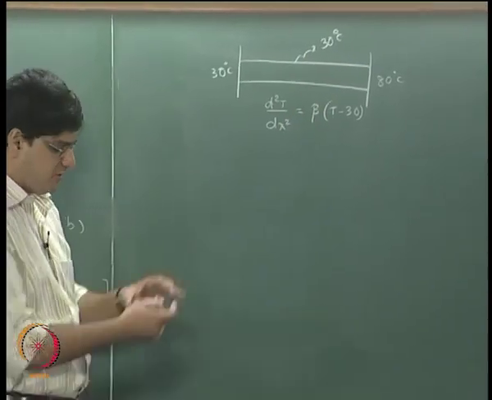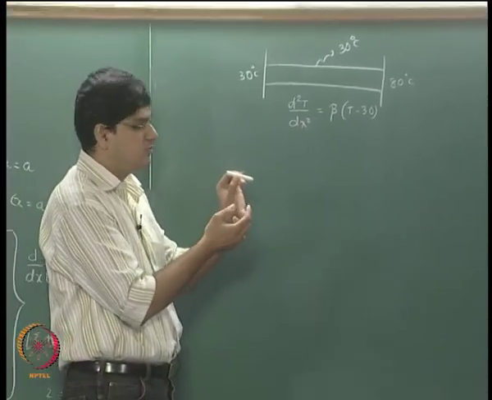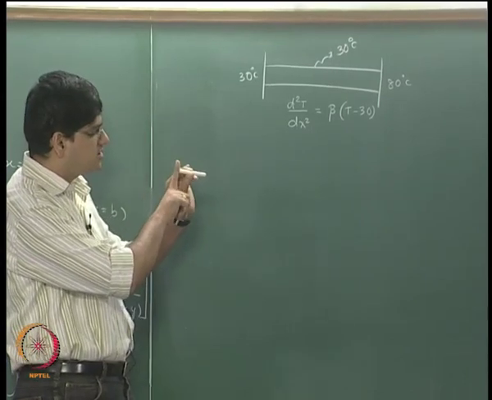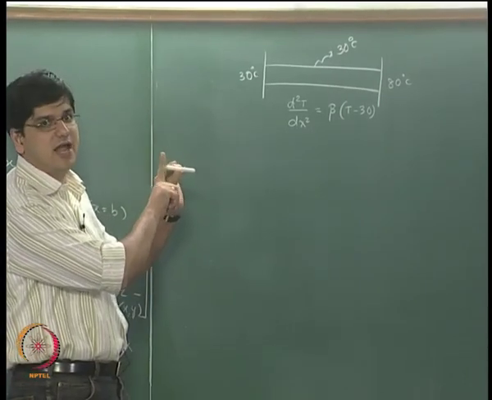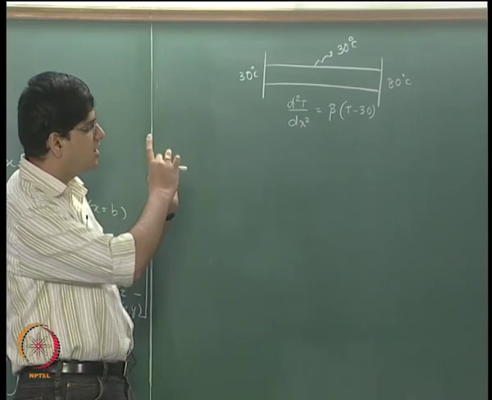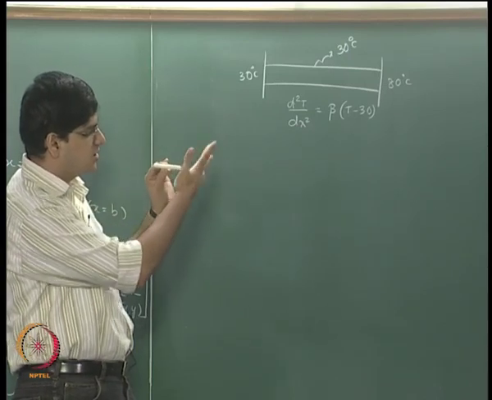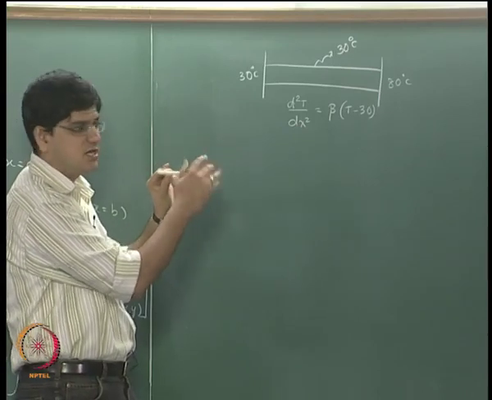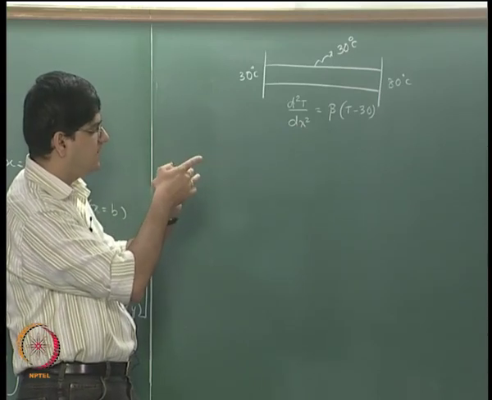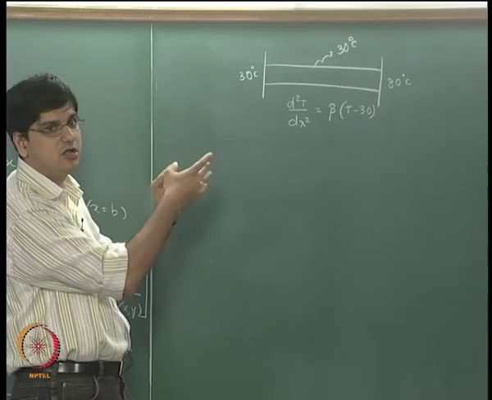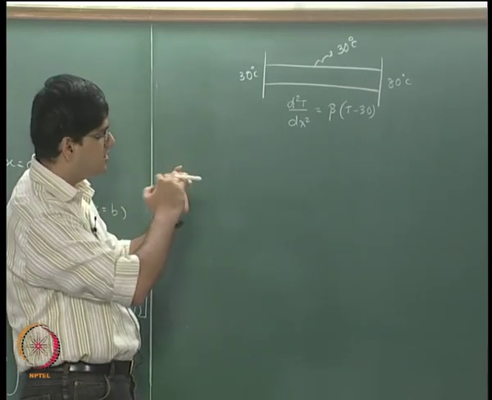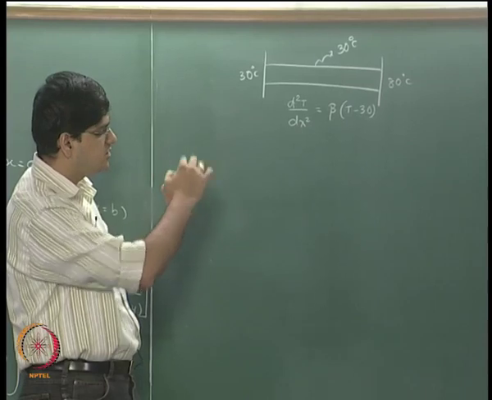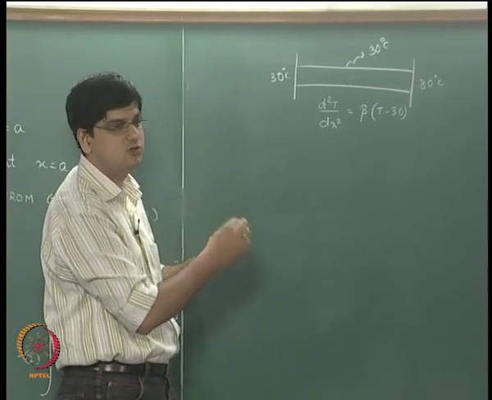So this is going to be the rod, and this end of the rod is kept at the ambient temperature of 30, and the outside temperature is also 30, and this end is kept at 80. Because this end is heated, heat transfer will take place from this end to this end of the rod through conduction, and in addition to conduction, there will be heat losses from either end of the rod to the surroundings.